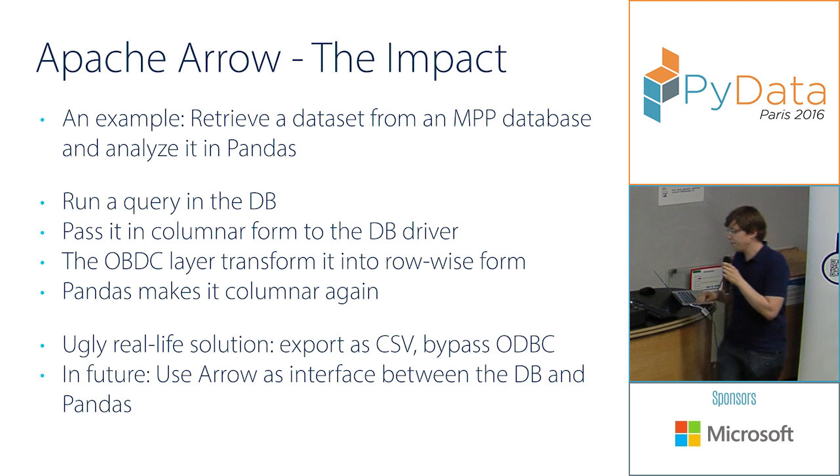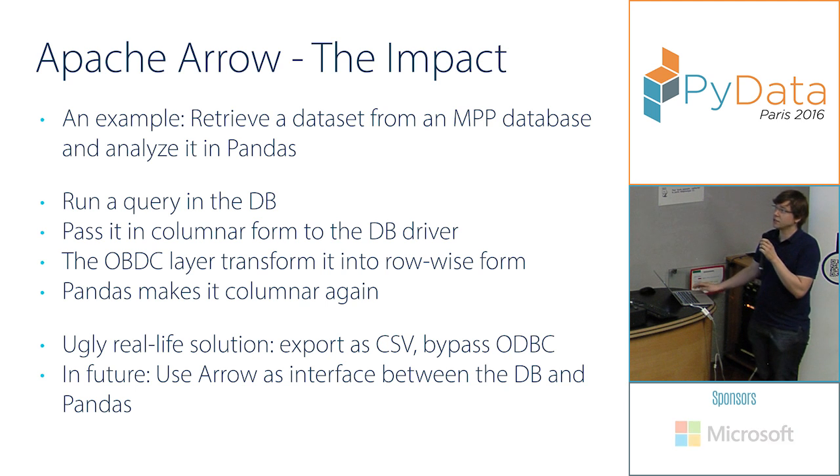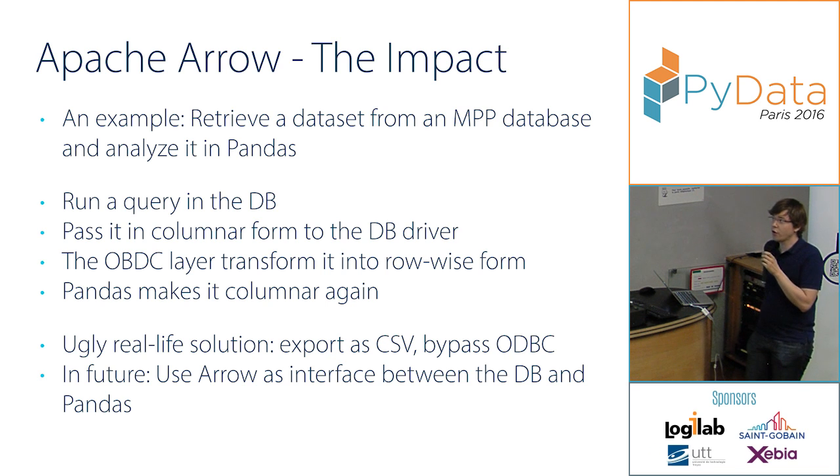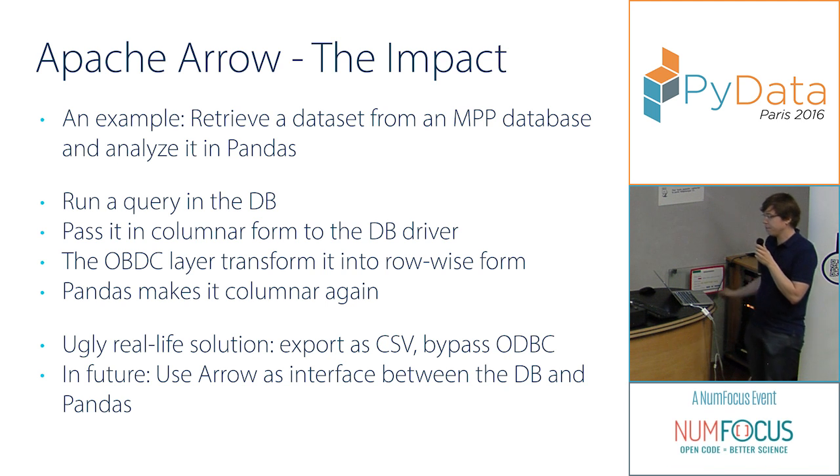To get this data, I'm writing a big SQL query, executing it, and then receiving it in the database driver in columnar form. The database driver is just adhering to the ODBC standard, and because of that standard, it transforms it into a row-wise form, and then you can use Python DBAPI 2 or so to load it in Python.